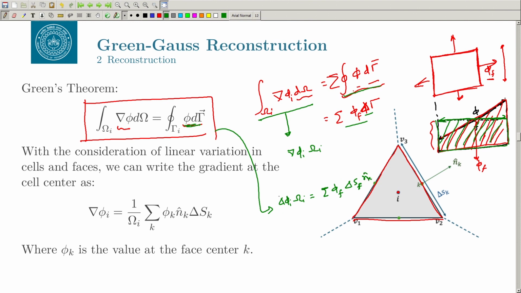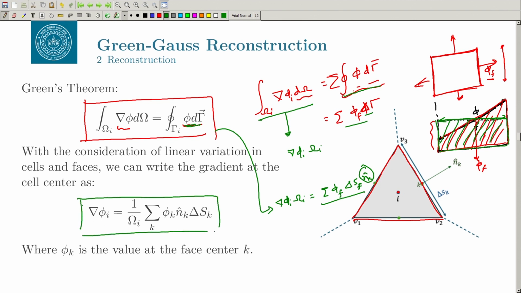Remember, this is a gradient quantity, so it is a vector, and the right hand side should also be a vector. So there will be a normal to the face n k. You can rearrange it and finally you will have this formulation.